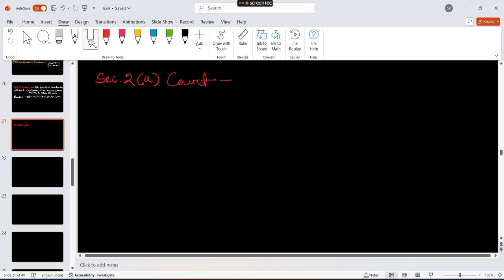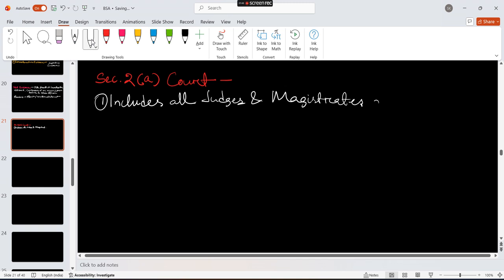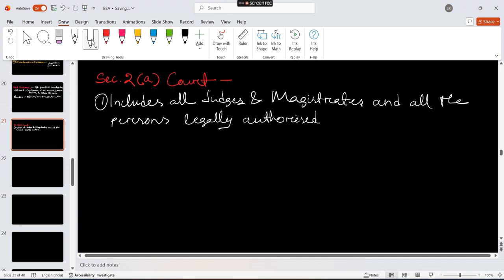Clear? So the definition of court says, in the first place, court includes all judges and magistrates and all the persons legally authorized to take evidence, and it does not include an arbitrator.